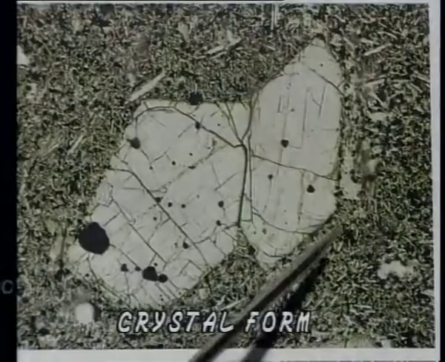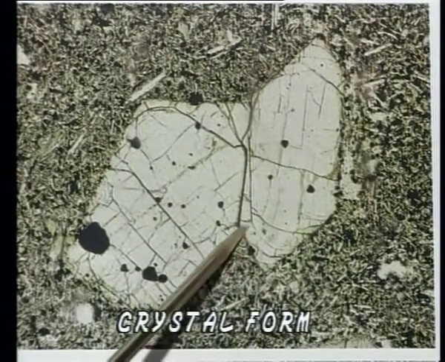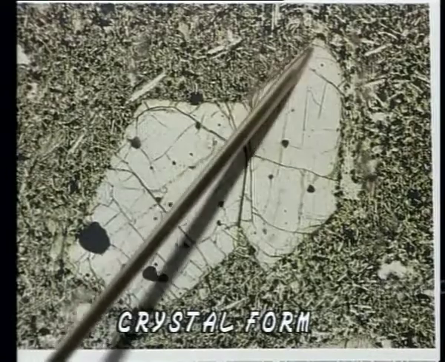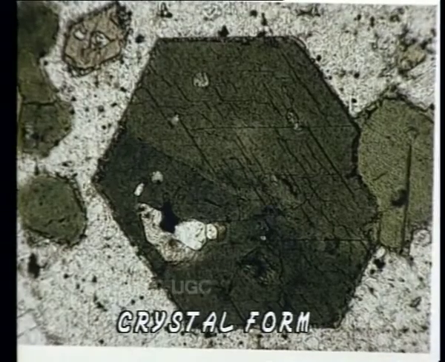Besides these optical properties, two important physical properties, namely crystal form and cleavage, are also observed in plane polarized light. We will now observe these behaviors under the microscope. Some mineral grains are totally bound by crystal faces as indicated by their regular geometry. Such forms are designated as euhedral.